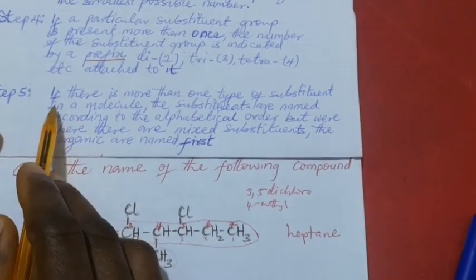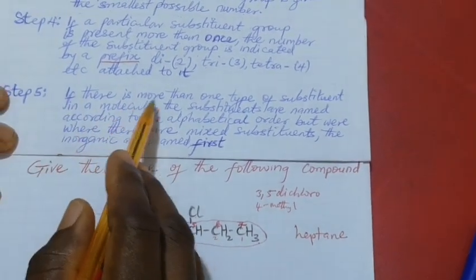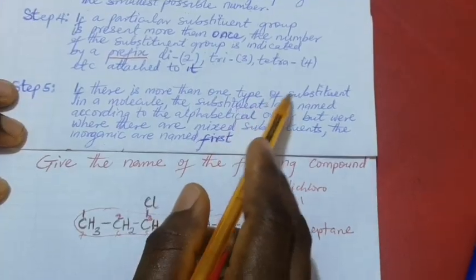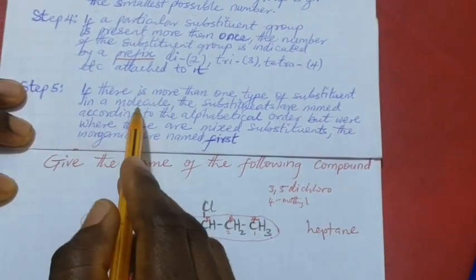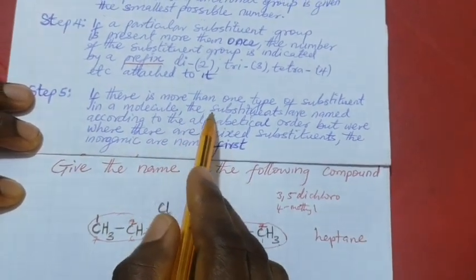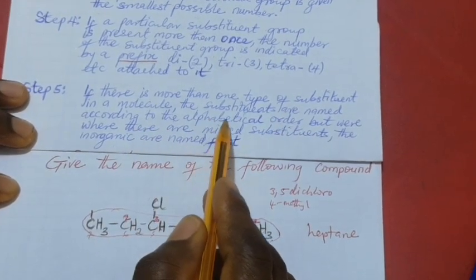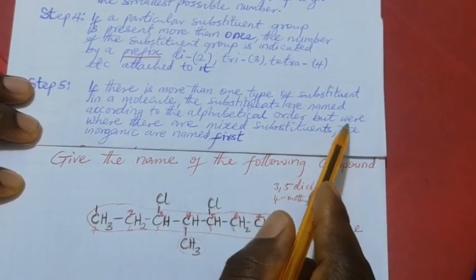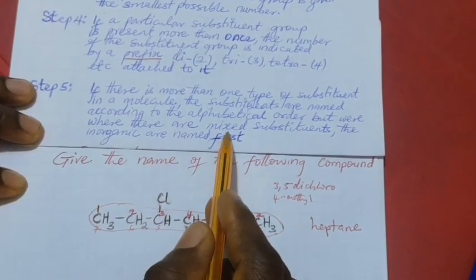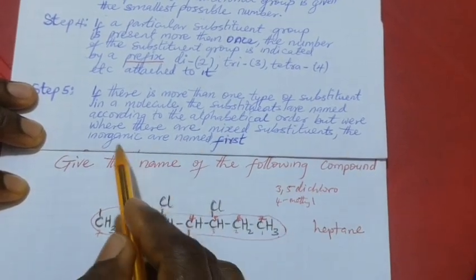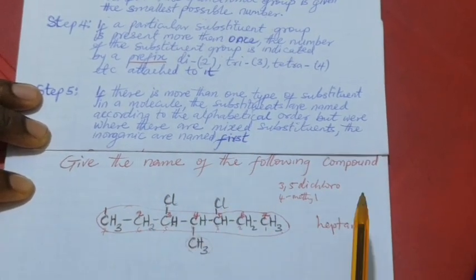Now the 5th one, if there is more than one type of substituent in a molecule, the substituents are named according to the alphabetical order. But where there are mixed substituents, the inorganic are named first.